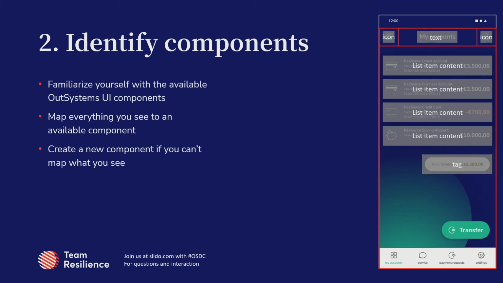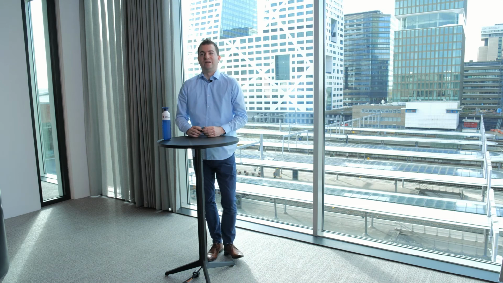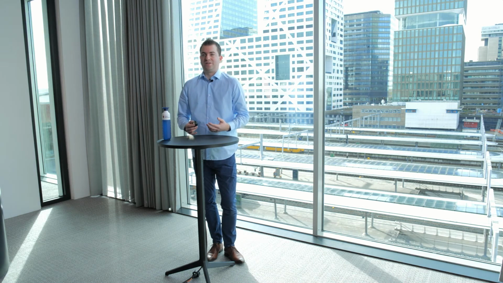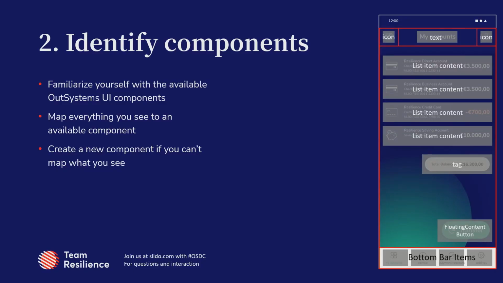Then next up is something that looks like a tag. We have a transfer button, which is a floating content button. And last up are bottom bar items. So in this case, we have been able to map all the components that you see on the screen to available components in OutSystems UI. But if it happens to be the case that you encounter something that isn't directly available, you should be creating those components yourself.